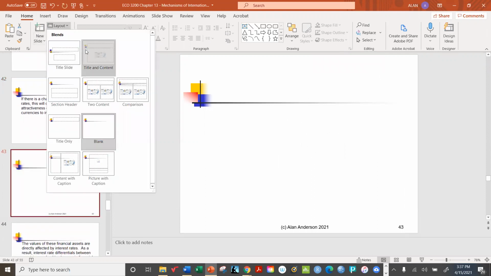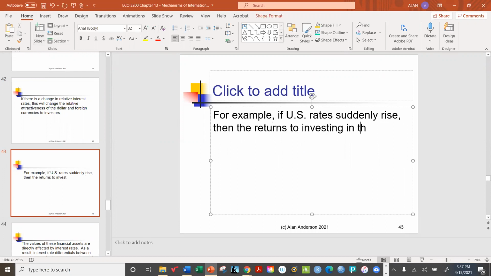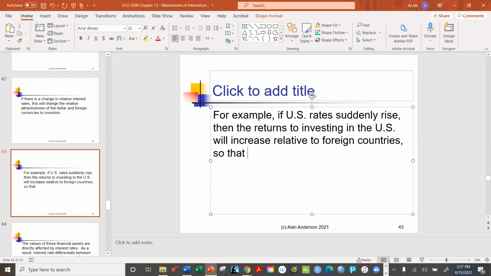For example, if US rates suddenly rise, then the attractiveness, or I guess I could just call it the returns to investing in the US, will increase relative to foreign countries, so that investors, some investors at least, will shift their funds into dollars.